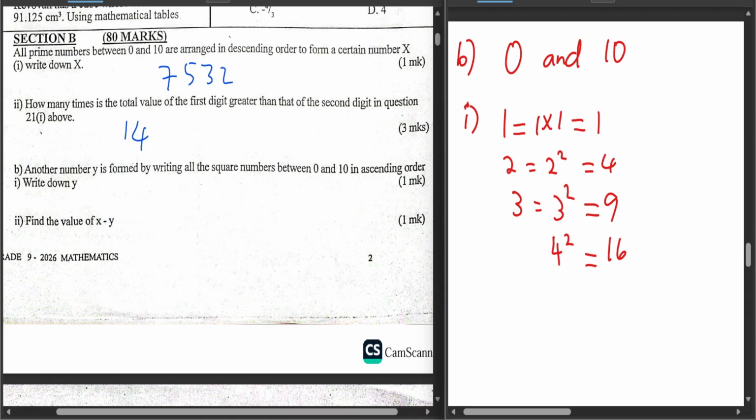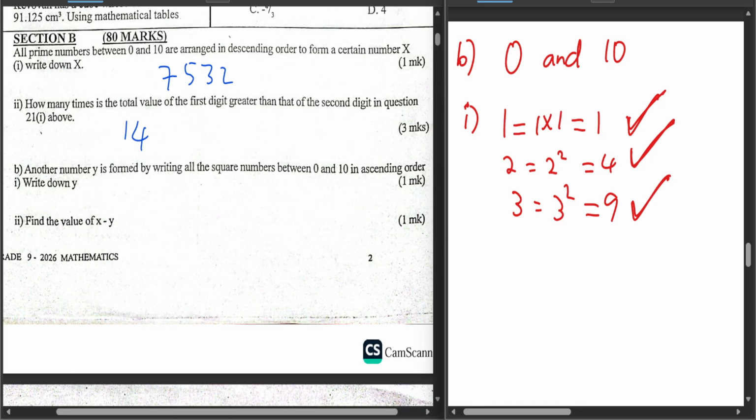So 16 is greater than 10, and therefore we're not going to take it. The square numbers are the answers after squaring 1 or 2 or 3. So the square numbers that range from 0 to 10 are 1, 4, 9 only.